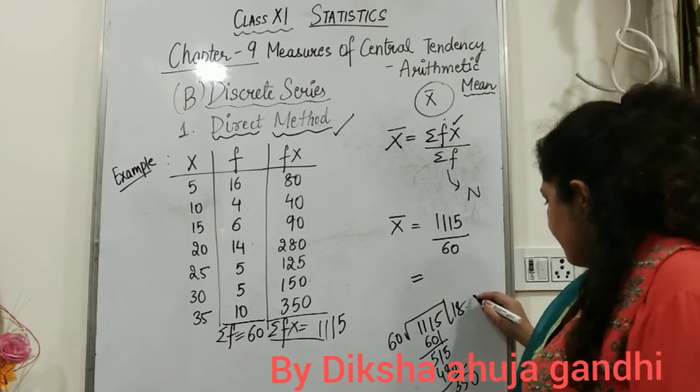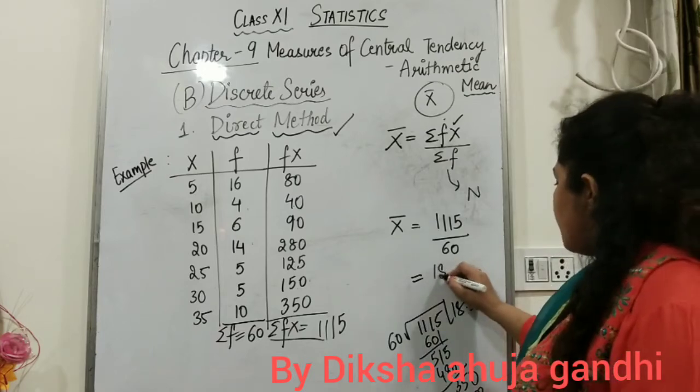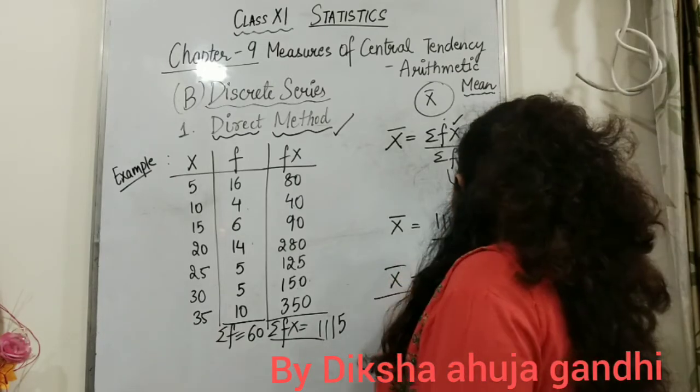It goes 5 times for 300, leaving 50, so I can pick up 18.5. So the answer is 18.5.